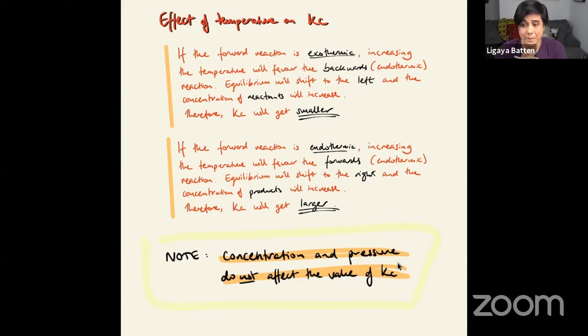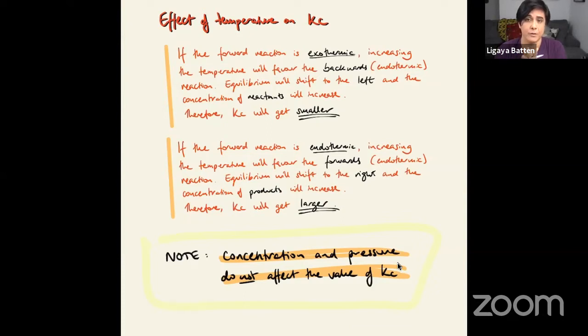However, temperature does change Kc, so it will shift the position of equilibrium in the exothermic or endothermic direction, depending on whether you've increased or decreased the temperature. And that will have a permanent effect on the position of equilibrium.